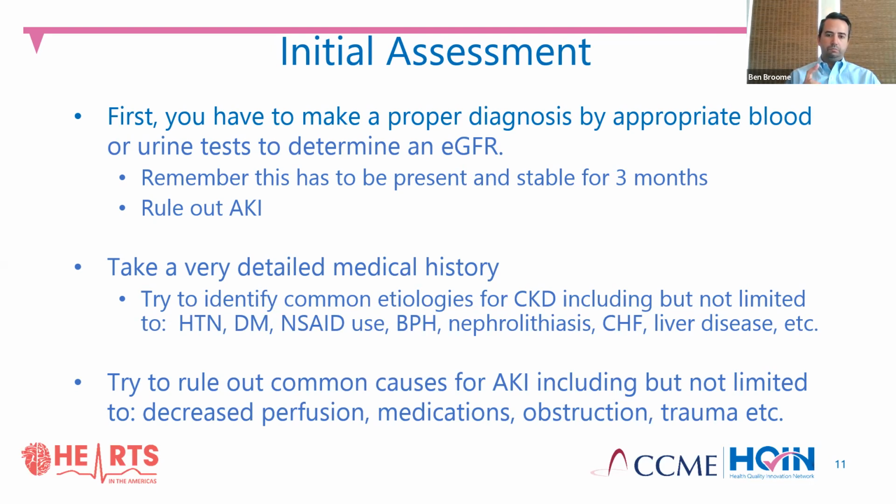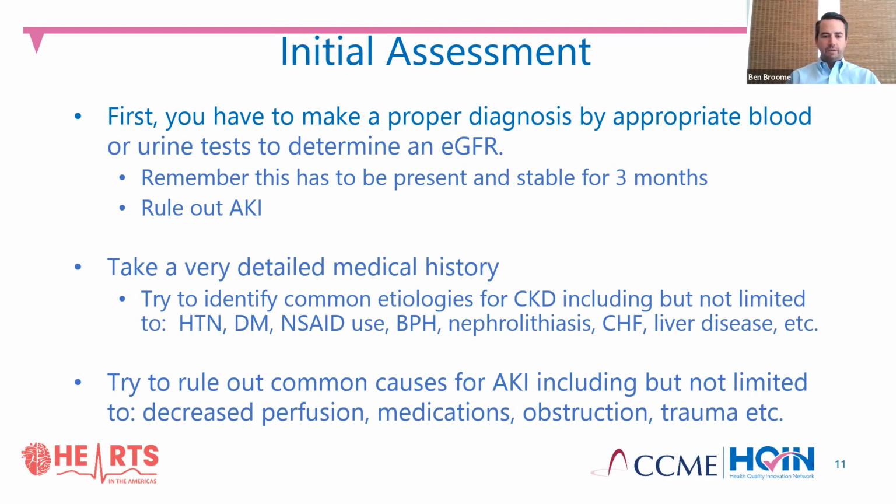You want to not only ask for medical conditions or etiologies that are very frequent and common in patients who develop CKD, but also those that could be reversible and may give more indication to AKI. So hypertension, diabetes, obviously long-term use of nephrotoxic medications, specifically NSAIDs.